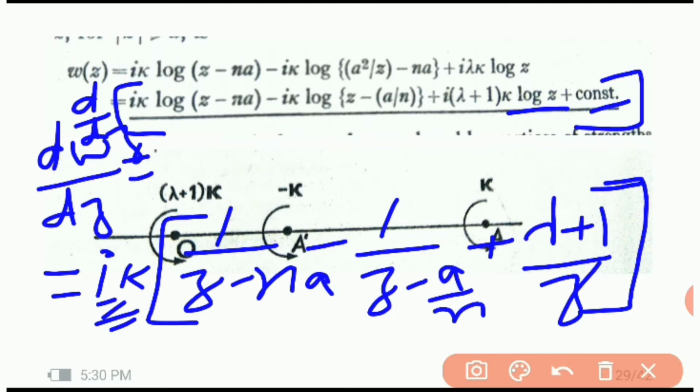Now put z equal to a e to the power iθ in place of z.